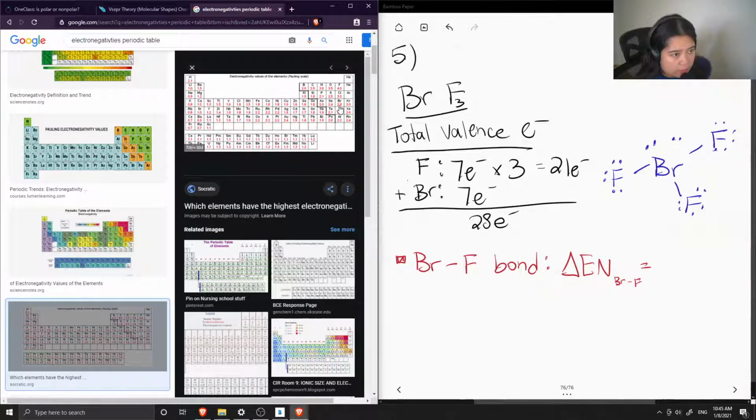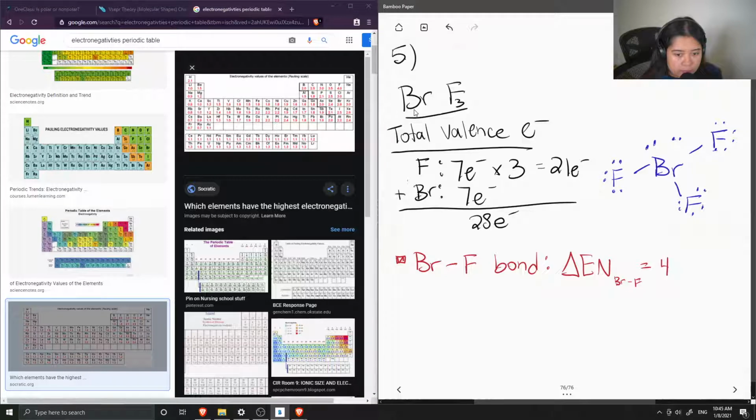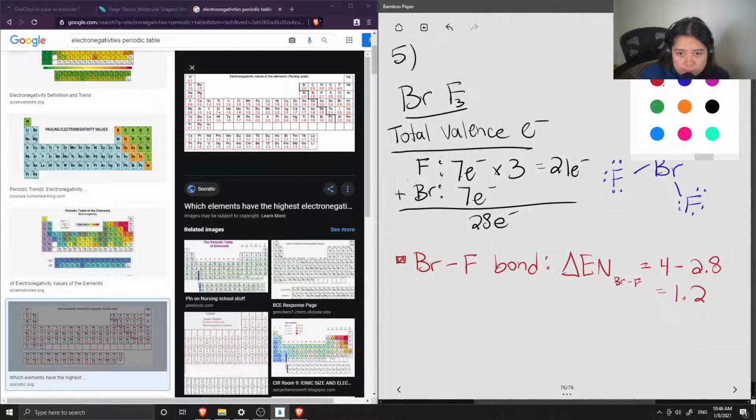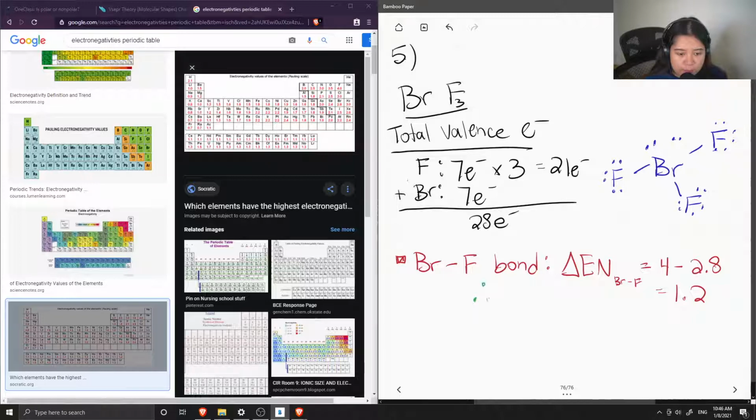So bromine is 2.8, fluorine is 4. So what is this, like 1.2? Yeah. So their electronegativity difference is 1.2. So therefore this is a polar bond.